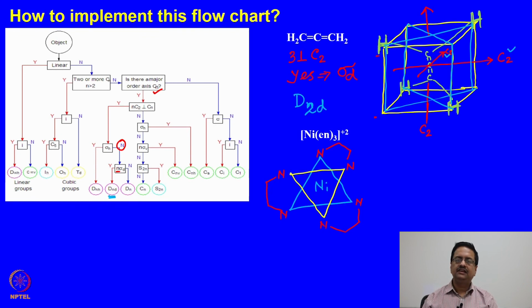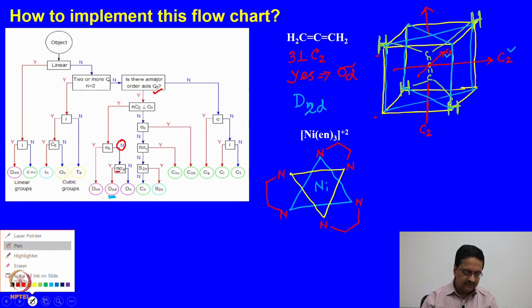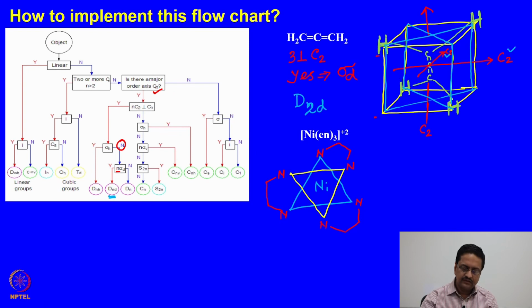So, what are the symmetry elements that we found in the previous class in this molecule? The symmetry elements that we found are the following. We have C3, which is obvious, which is very easily seen, passing through nickel and going through the center of these triangles. Then what we have? Do we have three perpendicular C2s?